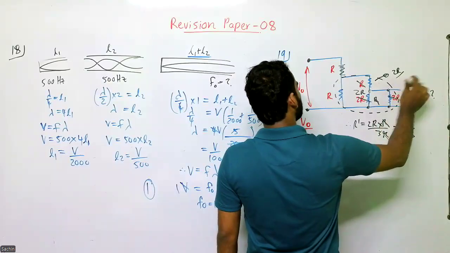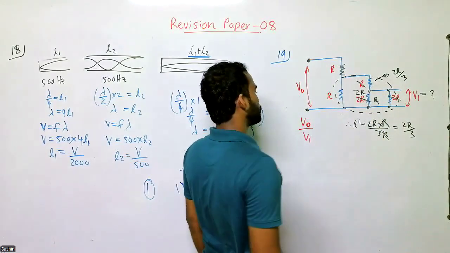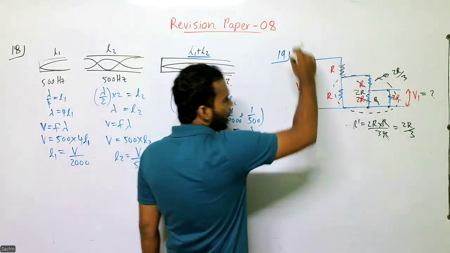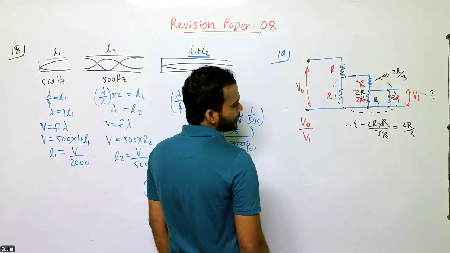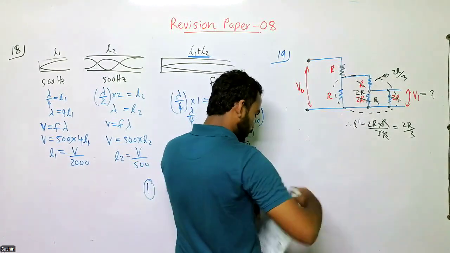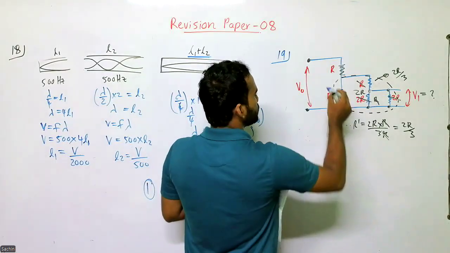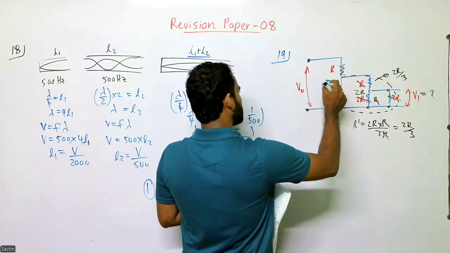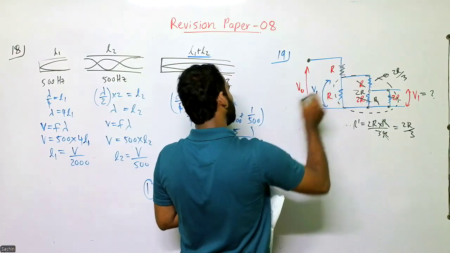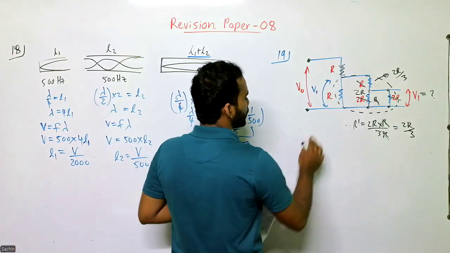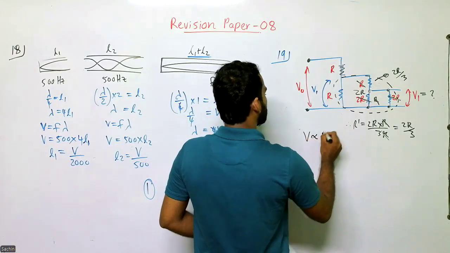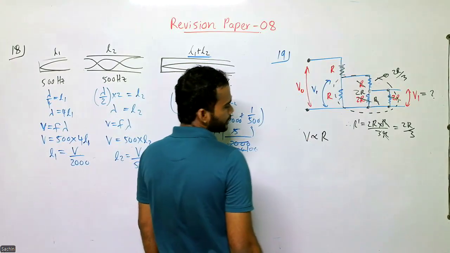And now you can divide the voltage for the first outer series connection. So let's say the voltage you get for these two ends is V1. Okay. So V is proportional to the resistance for series connections.